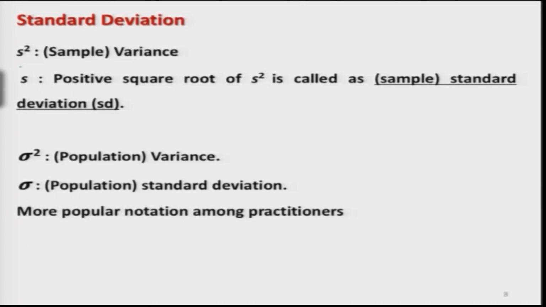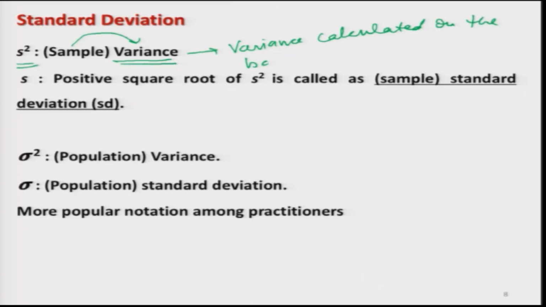Right. So when I say that S square denotes my variance, then it is actually the sample variance. Sample variance means the variance calculated on the basis of a given set of data, or a given sample of data.